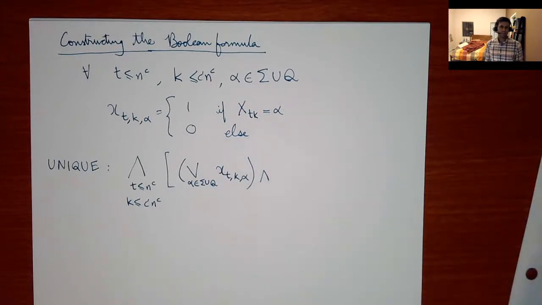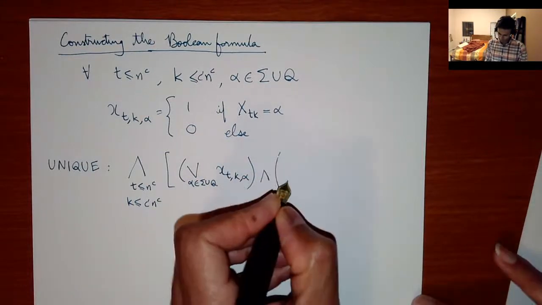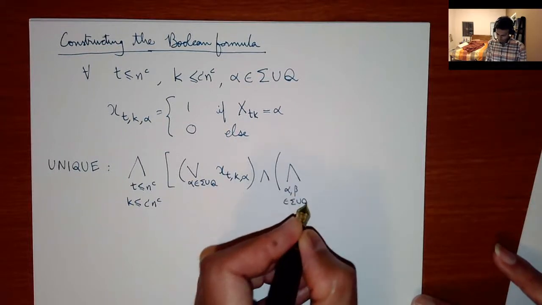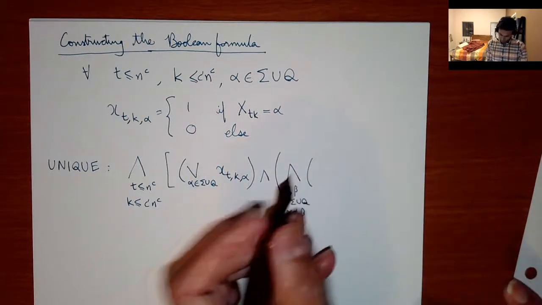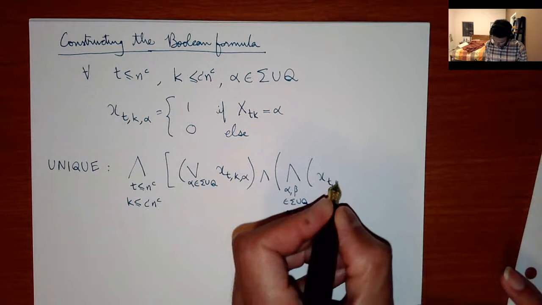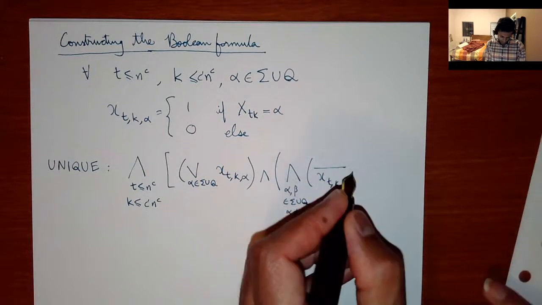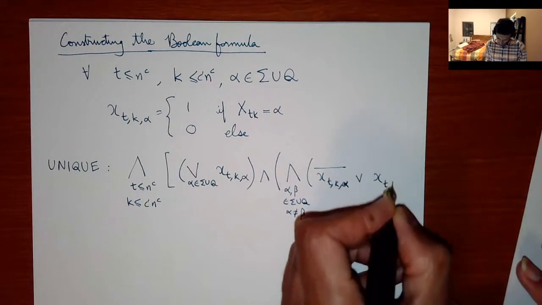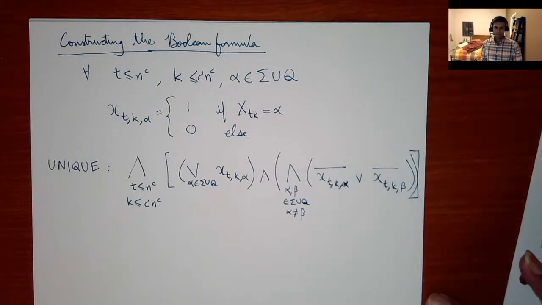Again, there are multiple ways in which I can encode this, and let me just give you one of them. I'll just say for all alpha, beta in sigma union Q, alpha not equal to beta, I can say that not x_t_k_alpha or not x_t_k_beta.